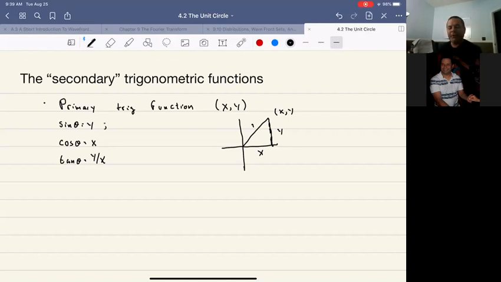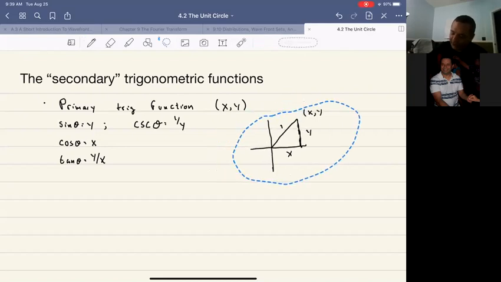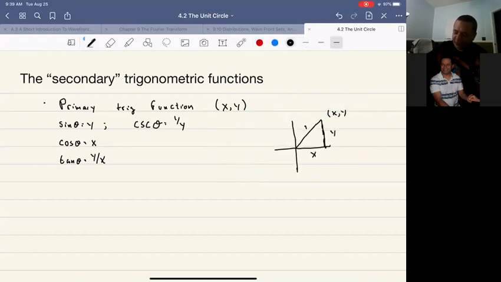So I'm going to put cosecant goes with sine, and that's the inverse of sine. Or the reciprocal, sorry. Slight difference of wording, and it does make a difference, so it's the reciprocal of sine.